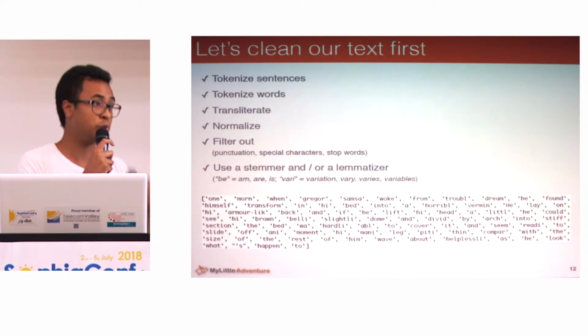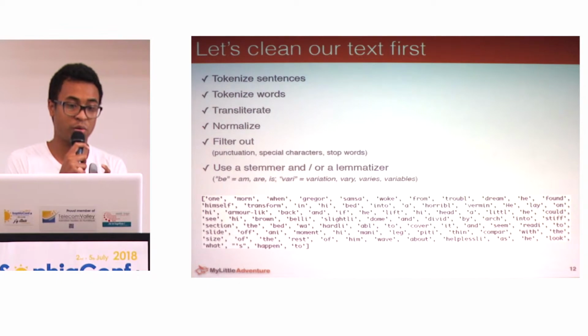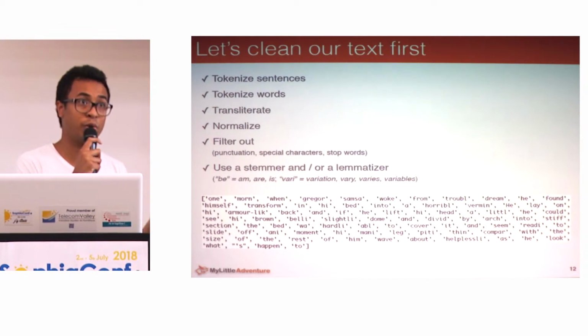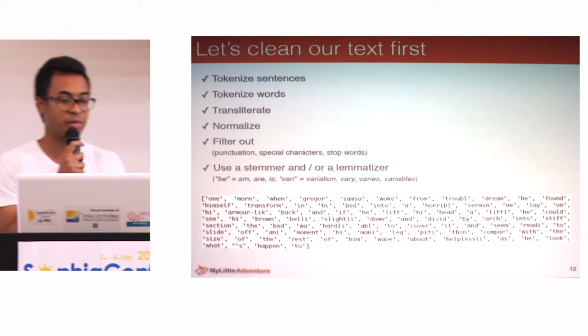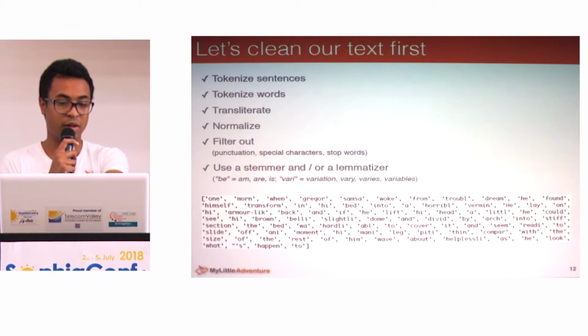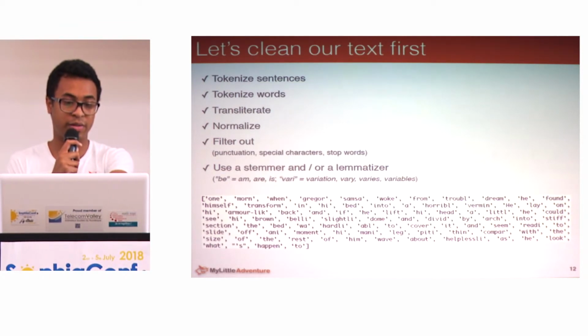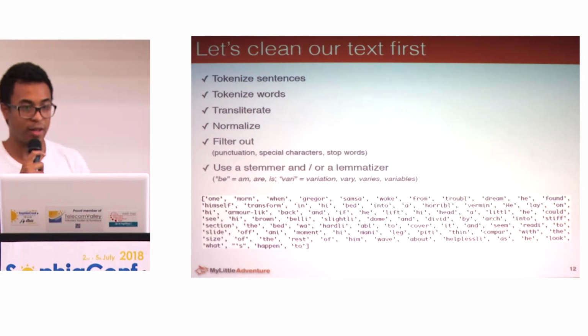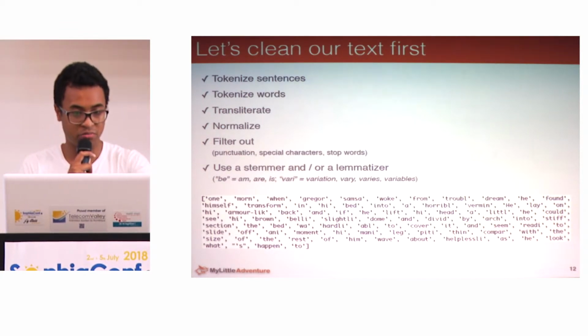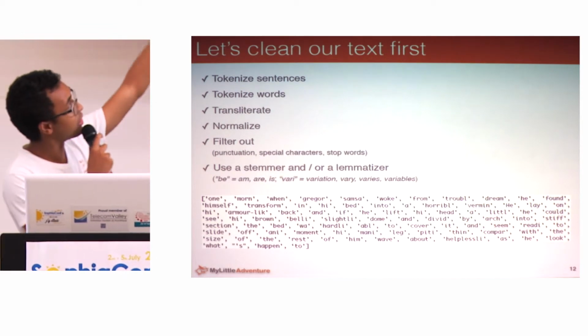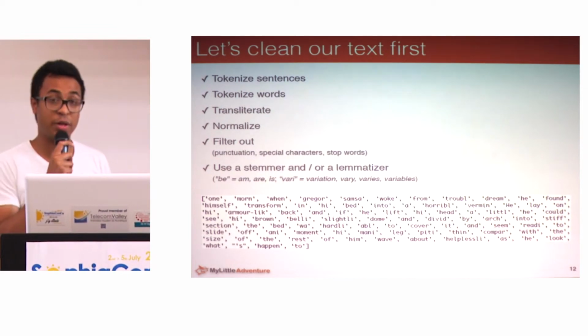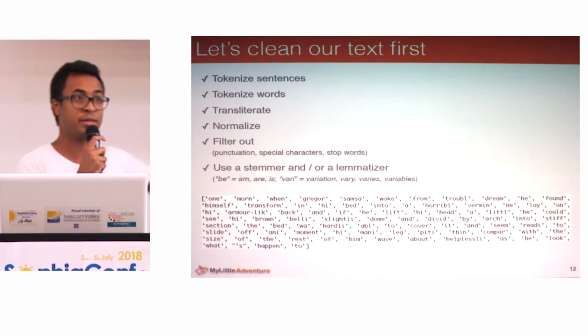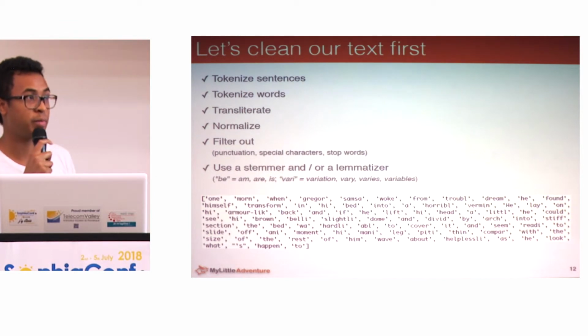This way you can reduce all the variations of a word to its root element. The same thing for vary, which can be the root for variations, vary, varies, variables, and so on. So we run all these steps, and we get these arrays of words. If you don't know it, this is The Metamorphosis by Kafka.